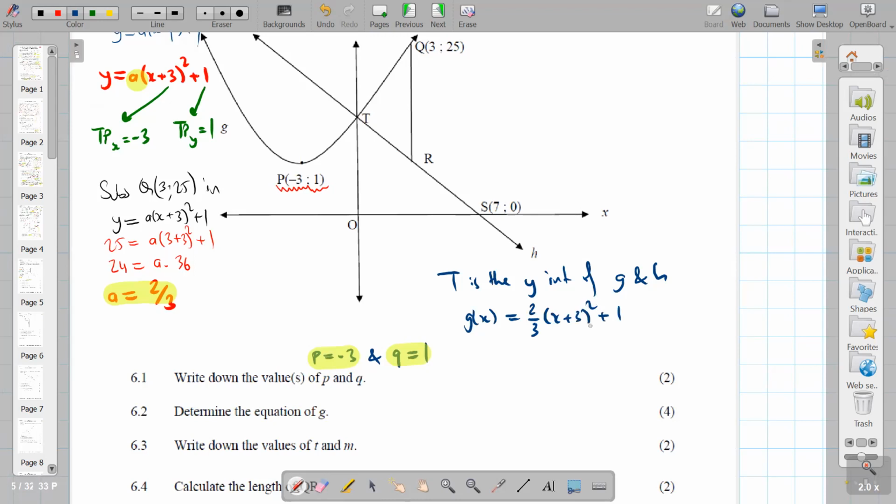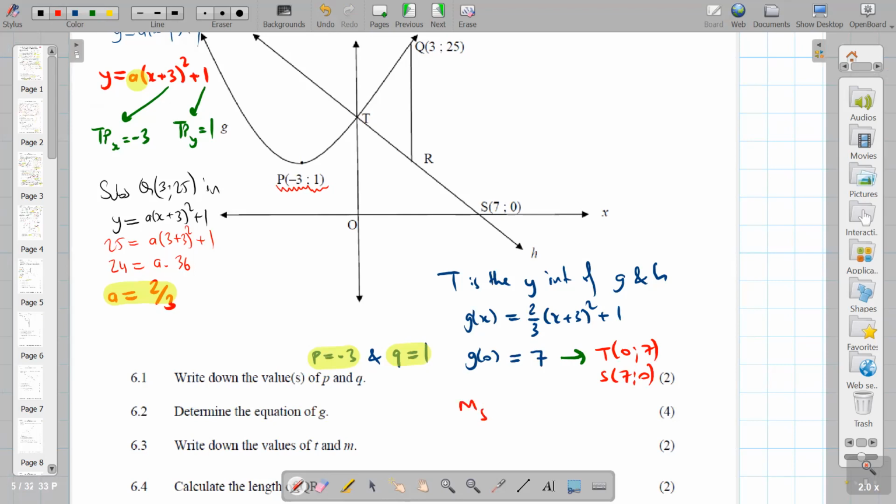Plus 1. Now, what is G of 0? When you substitute 0, you get 9, so it is 6, so it's 7. So then I can tell you coordinates of T is basically 0 and 7. And you already know coordinates of S, 7 and 0.